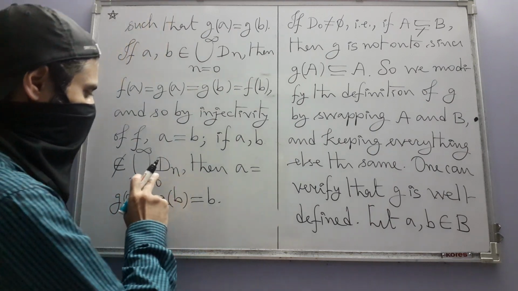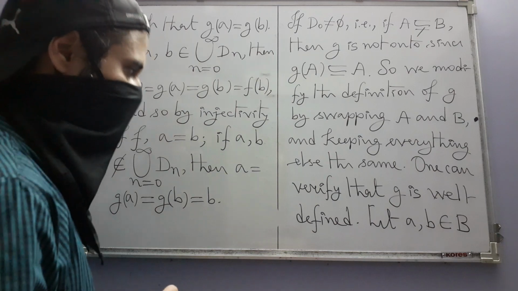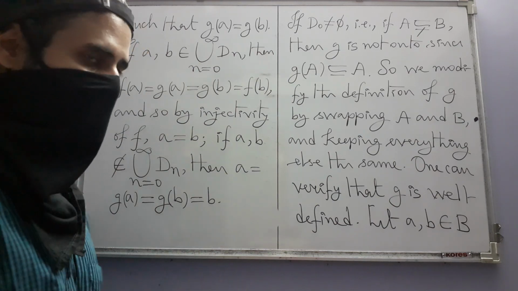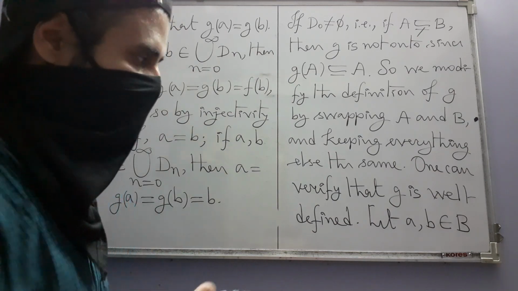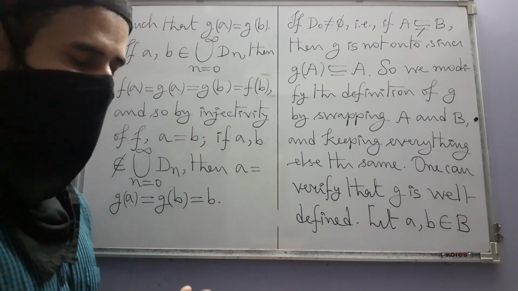In one of them, A belongs to the union but B does not belong to the union, and in the other, A does not belong to the union but B belongs to the union. Those two cases are similar, so we need to consider only one of them.